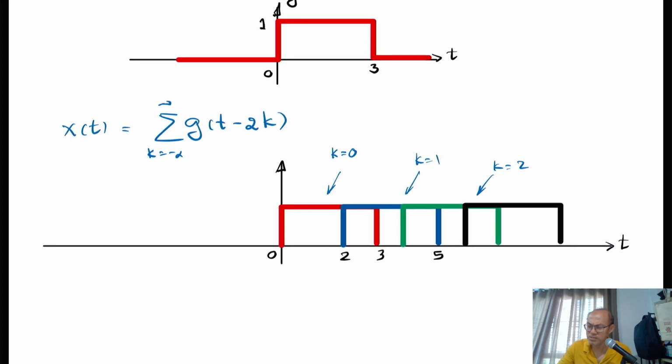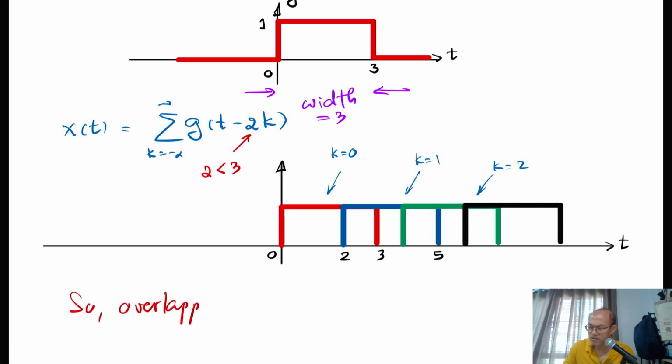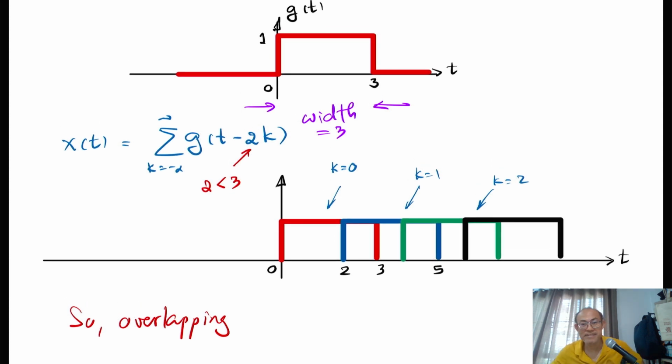Okay, they overlap because this number is not large enough. It does not go beyond 0 to 3 here. The width here is 0 to 3. This number 2 is less than 3, so overlapping. Okay, that is what I talked about in page 15. Is that clear?